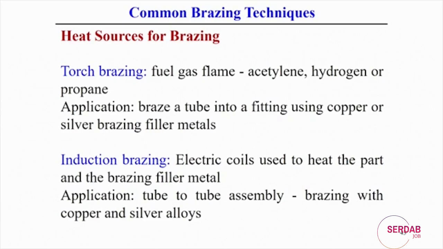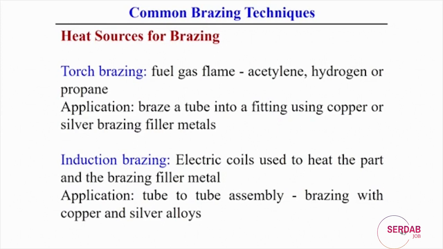When there is a tube that can be fitted into other components using copper or silver brazing filler metals, we can generally use an oxy-fuel torch as the source of heat, and that can be easily controlled locally to a specified zone, simply by focusing the torch on that specific position.